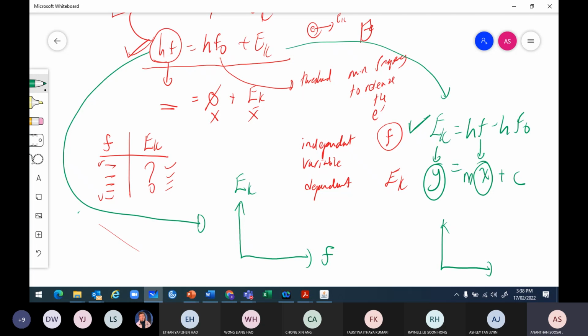If you know how to calculate the kinetic energy of the electron and you get that data, if you plot y versus x, it must be a straight line, where the gradient should represent the Planck constant, if Einstein's formula is correct. But now this is not possible because we don't know how to find the kinetic energy.